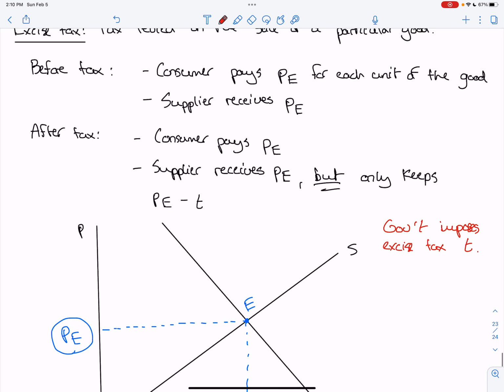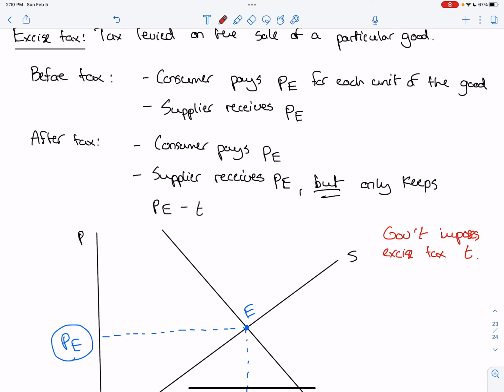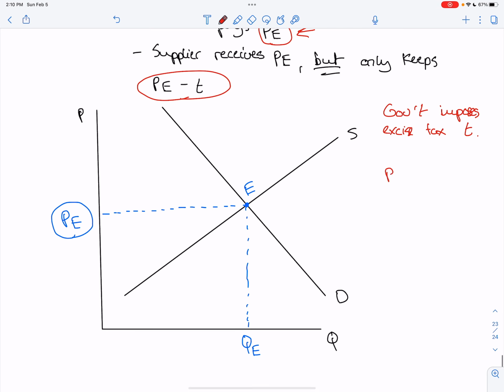That directly follows from what we wrote up here. The consumer pays PE, and the supplier gets to keep this PE minus T. So there's going to be a gap in our graph between PE on the one hand and PE minus T on the other hand.